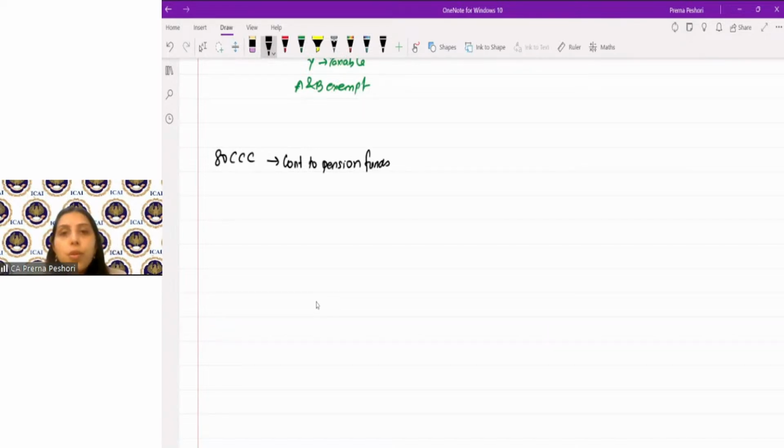This is for the individual who has deposited the sum for any annuity plan of LIC.